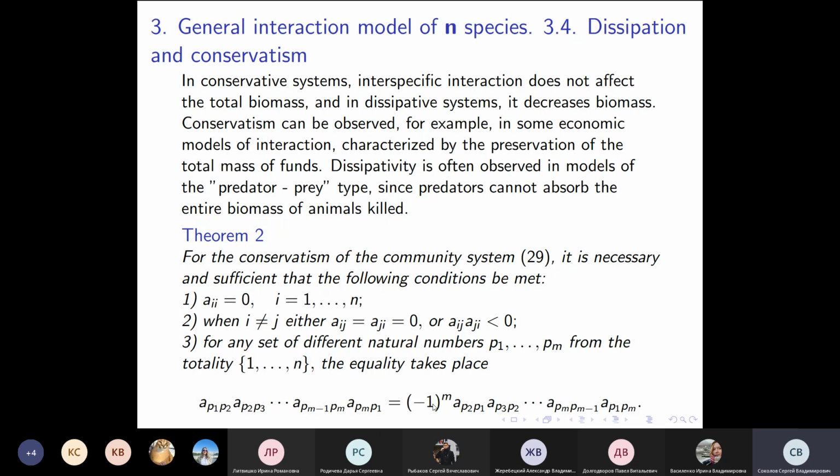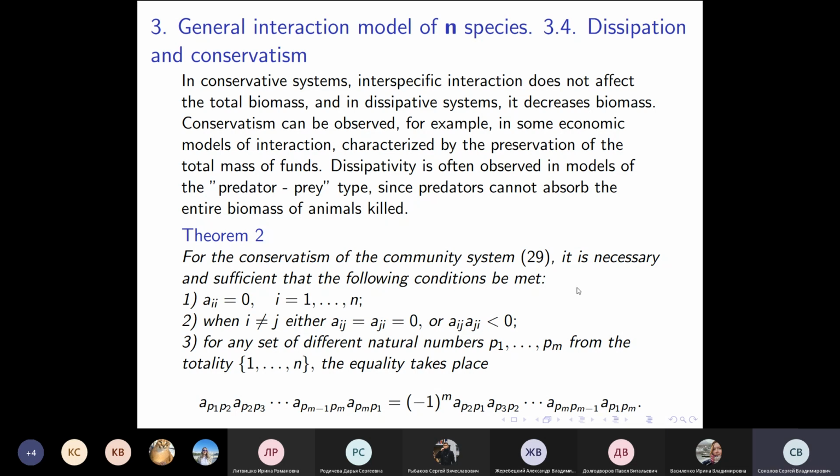So A_12 is negative A_21. So far, our simplest system meets the sufficient conditions, and so we can see that both the necessary and sufficient conditions are met for this simplest case. So it is for a conservative system.